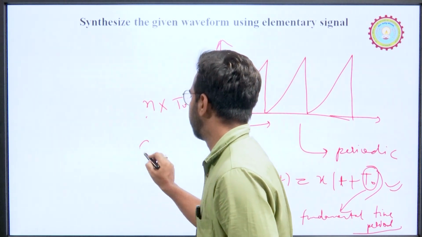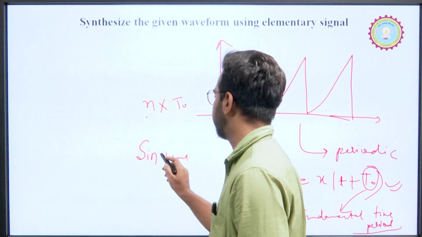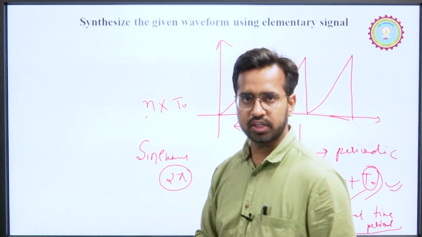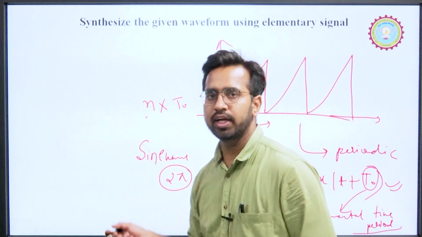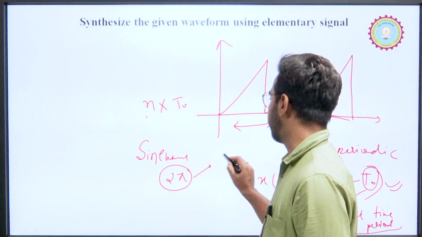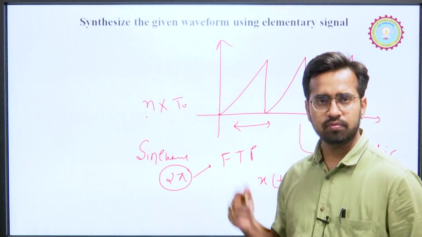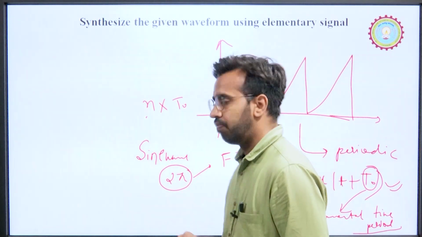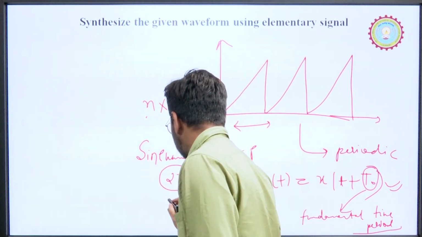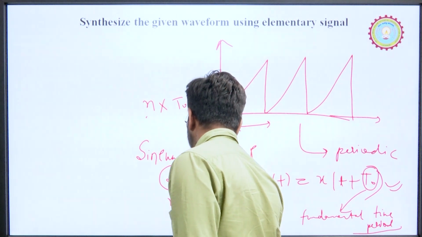For example, if you consider a sine wave, it keeps on repeating after 2 pi. So, we can say 2 pi is the fundamental time period of the sine wave. Now, if a signal is periodic for 2 pi, then it will also be periodic for n into 2 pi, or n into time period.